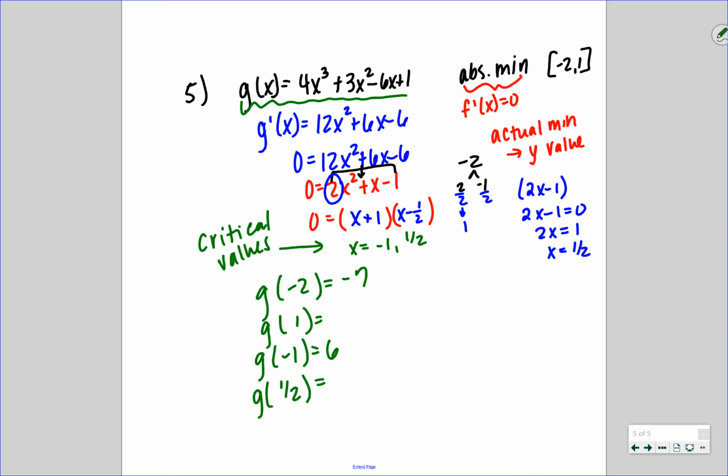When I plug in 1, 4 times 1 cubed plus 3 times 1 squared minus 6 times 1 plus 1, I get 2. And now when I plug in 1/2, I get 4 times 1/2 cubed plus 3 times 1/2 squared minus 6 times 1/2 plus 1. I get a -0.75. I was looking for an absolute minimum, so it would be the -7, which is answer option A.